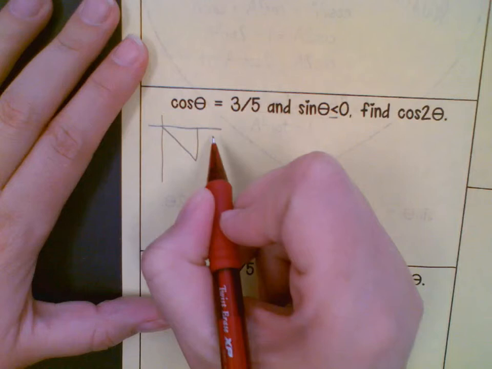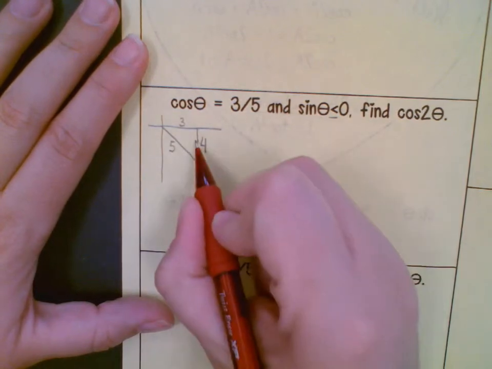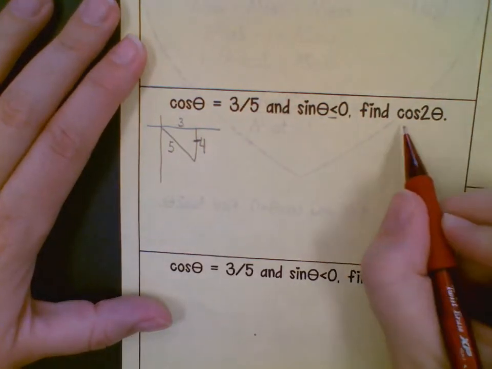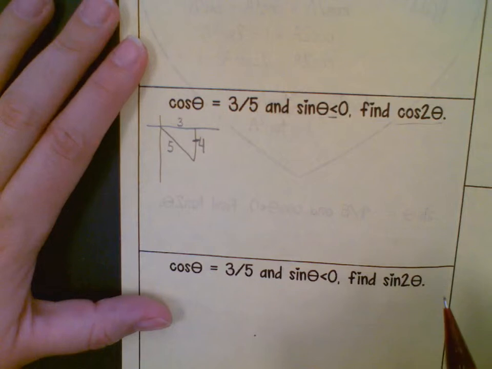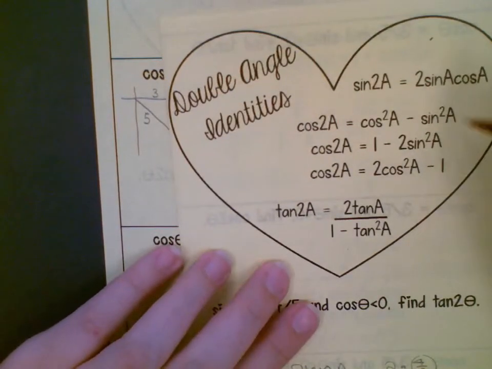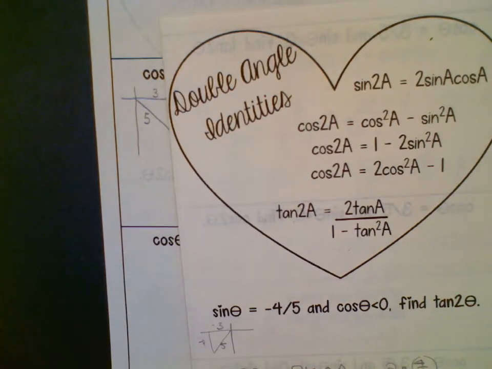Cosine is adjacent over hypotenuse, which means our opposite is 4, negative, since we're in quadrant 4. We're trying to find the cosine of 2 theta this time, and the cosine has 3 formulas that you can choose from. I generally pick the one based on what I'm given or what I want.